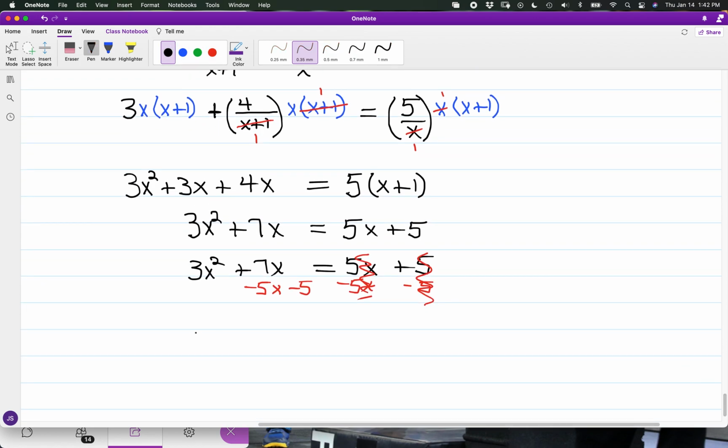And so for what we will have now, you have 3x squared, then you have 7x minus 5x, so this will become 2x. Okay, now we got 3x squared plus 2x minus 5 is equal to 0.